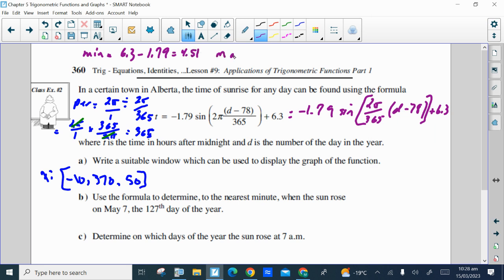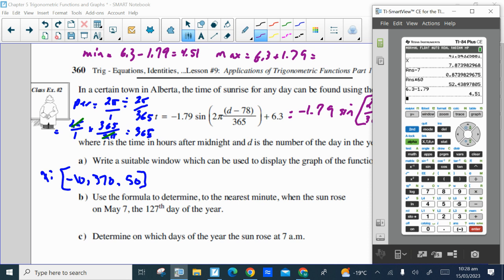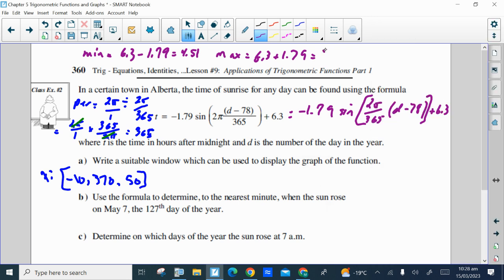And our maximum is d plus a, 6.3 plus 1.79, 8.09. So for our y min and max, maybe we'll go from 4 up to 9. Our actual minimum is 4.51, so we go a little bit less than that. Our maximum is 8.09, so we'll go a little bit greater than that.